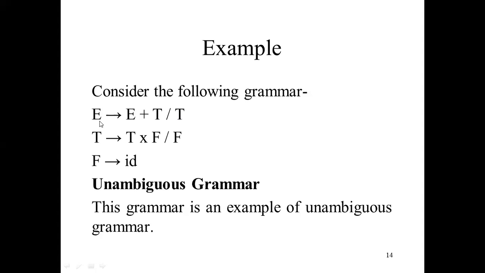We can replace the expression E by E plus T or only by T. Similarly, we can replace this T by T into F or only by F. Similarly, we can replace F only by ID.